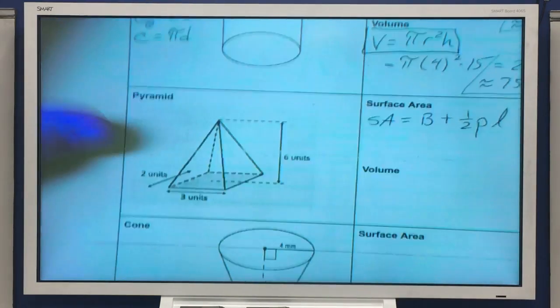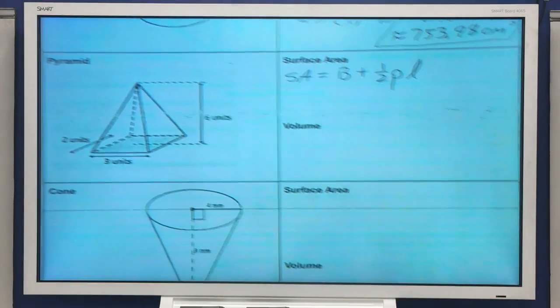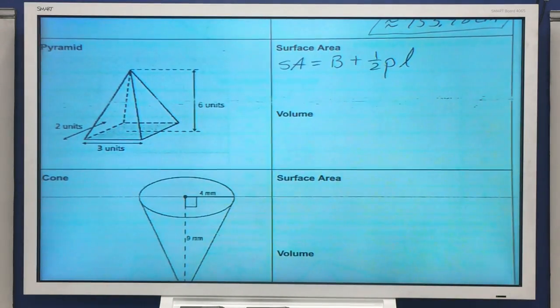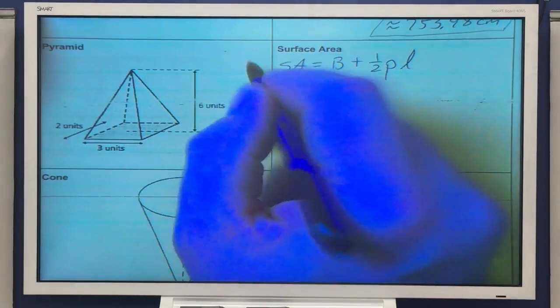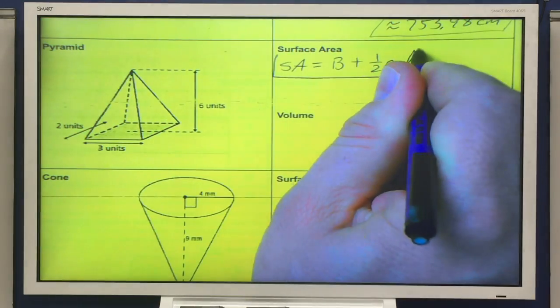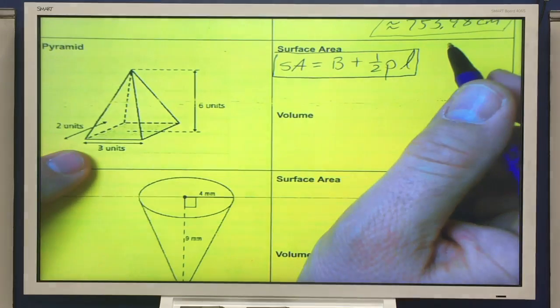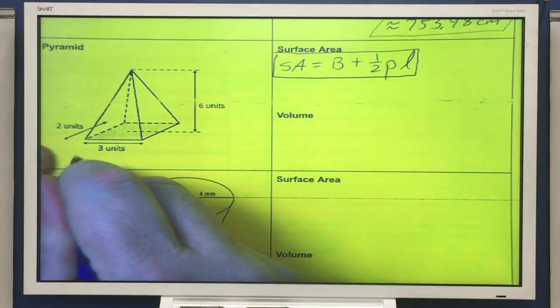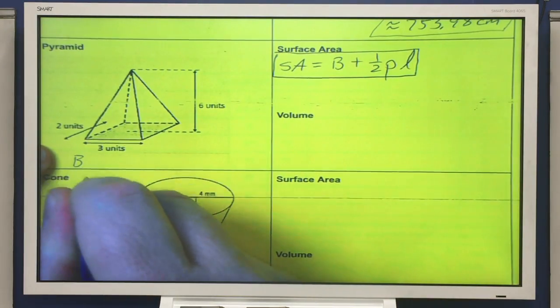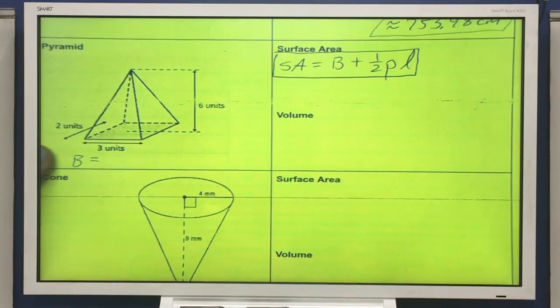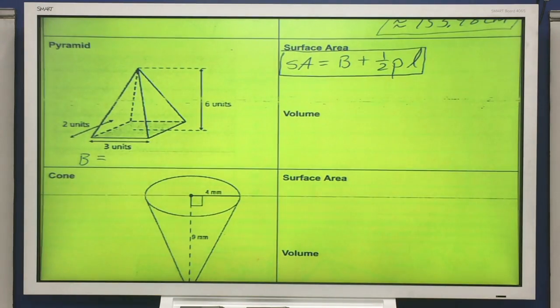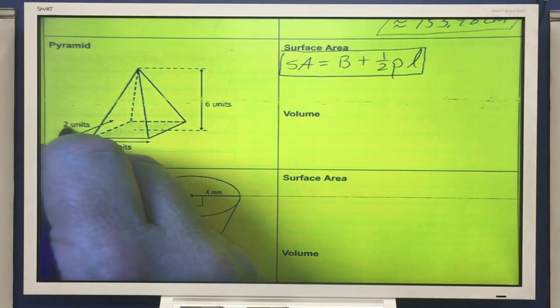So, with that done, we have our formula, and we may have a few things we have to figure out. For example, the area of our base. I'm going to work that out over here. By the way, I'm going to ask that you change that 2 to a 3.